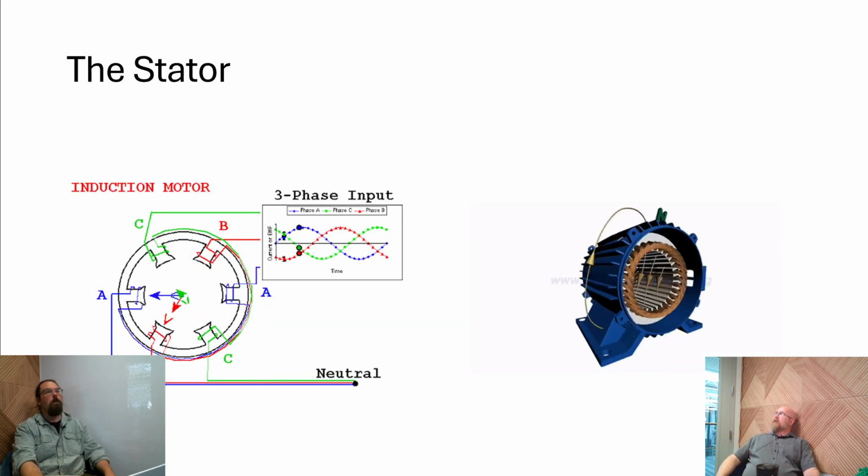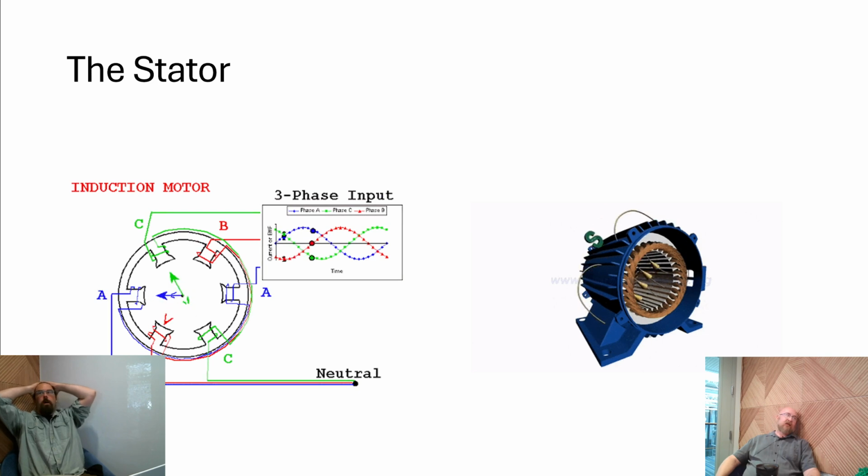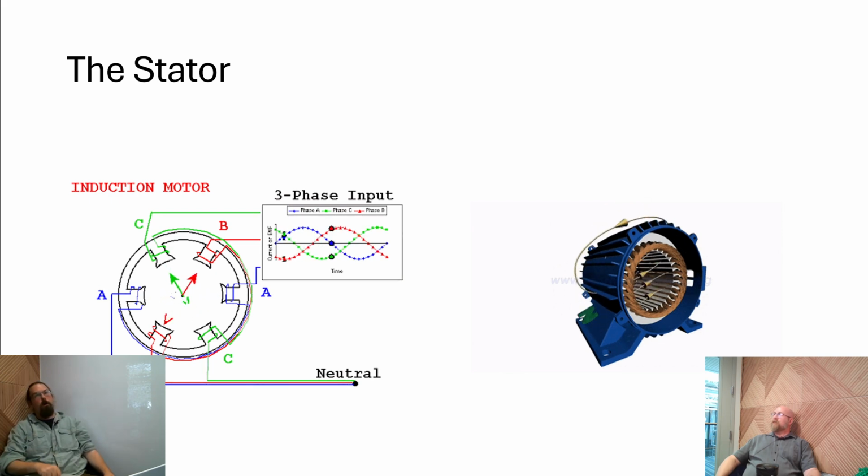So, if we're talking about an AC squirrel cage motor, we have to keep in mind that we've got the stator and the rotor, respectively. Ultimately, what we need is to find a way to generate effectively a rotating magnetic field that we can use to induce a corresponding current and magnetic field on the rotor, and we'll talk about how that works in just a moment.